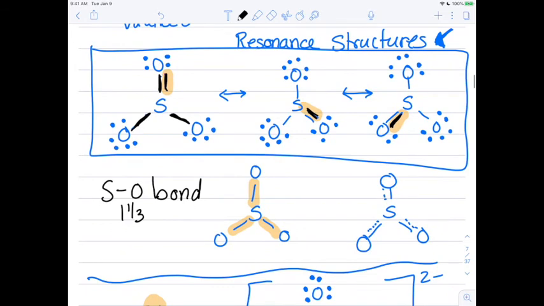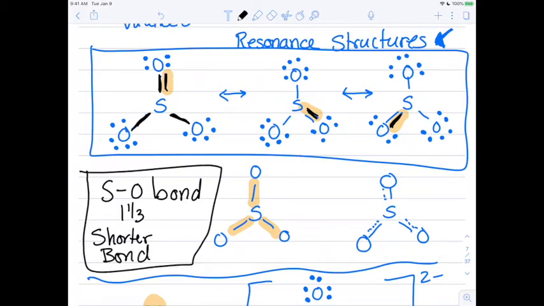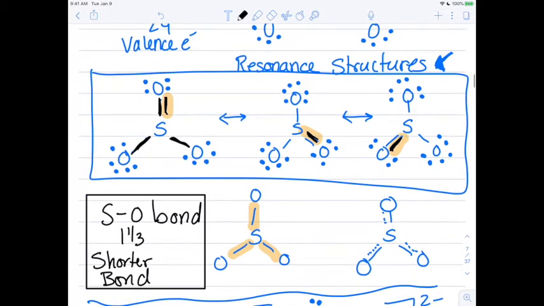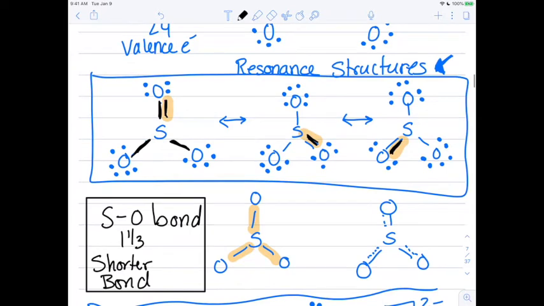All right, so this one is going to be shorter. So the 1 1/3 that we see in our SO3 will be shorter. Yes, so Tasso, that's a really good point. You can assume the single bond will always be longer.